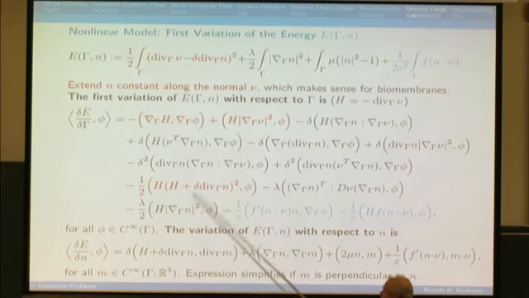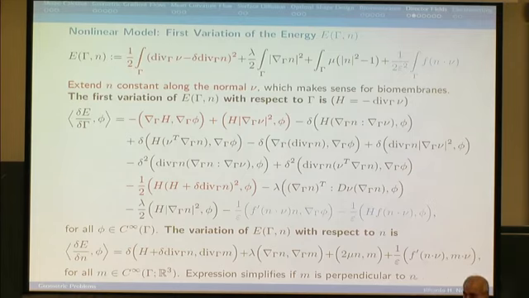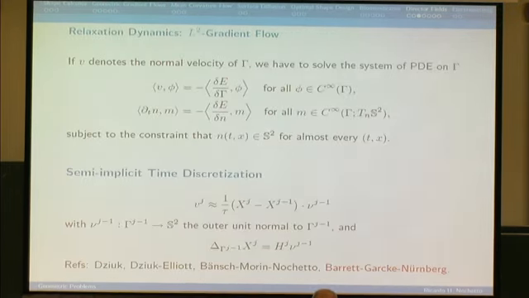I just want to illustrate that there is merit in knowing the shape differential calculus, because you can go through this. This is what the shape derivative is. In red is what has to do with the previous case, the bending energy. The derivative for n is much easier, as you see here, and then you can create a gradient flow, very much in the spirit of what I described earlier.